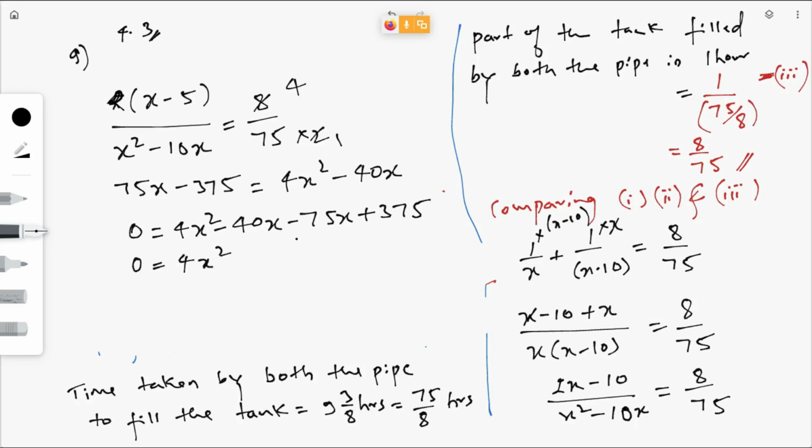Minus 40 minus 75, minus 115x, plus 375. Or you can write this as 4x square minus 115x plus 375 is equal to 0.